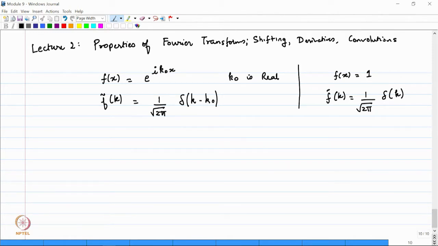Now, what I see is that if I multiply it by e to the i k 0 x, all I am doing is getting a delta function located at a different value of k, at k 0.